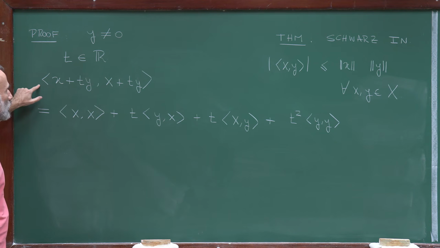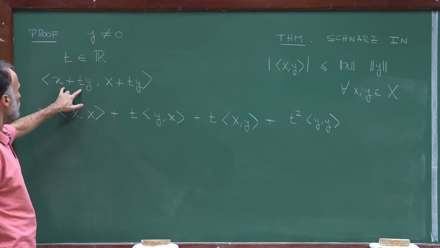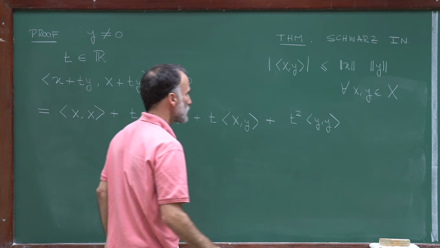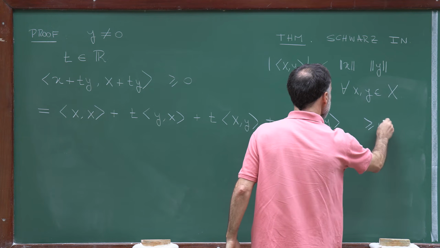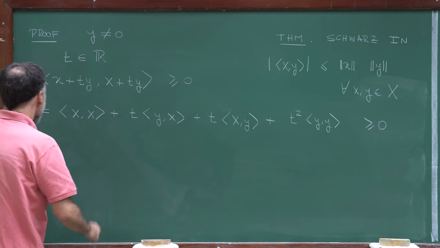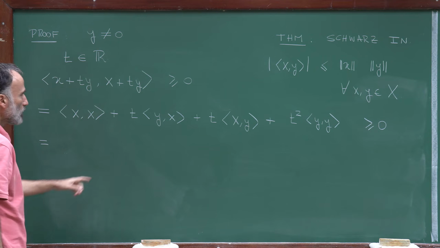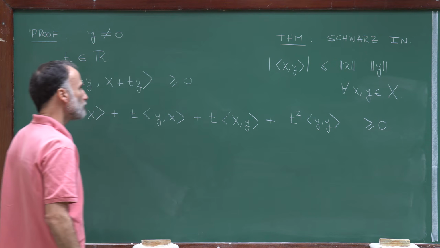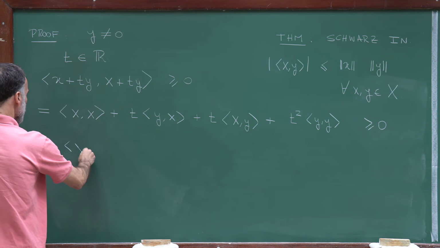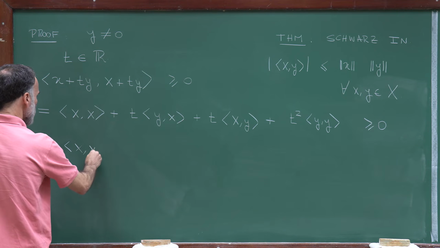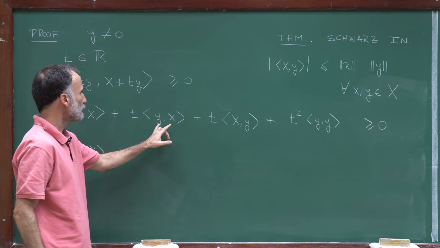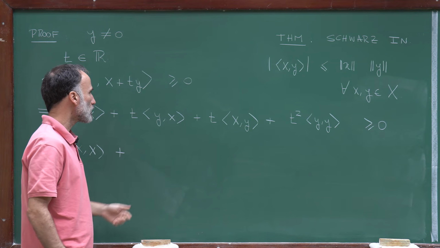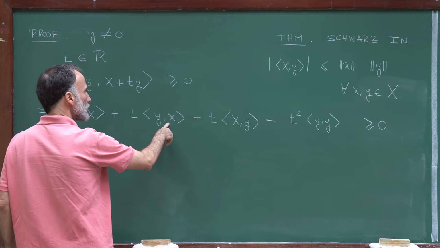This is the scalar product of an element of x with an element of x, so this is always non-negative, and I'll consider that as a function of t. As a function of t, it's a polynomial of second degree, which can be written as xx plus, by yx, we have seen it's the complex conjugate of xy.